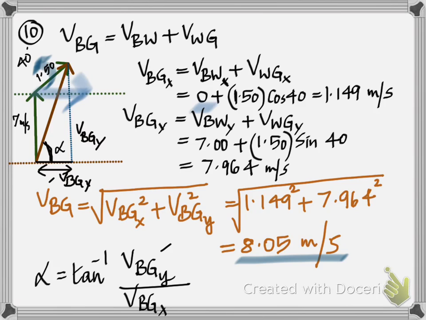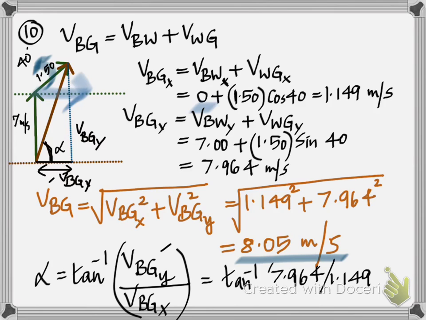So that is why you have that, and the numbers are 7.964 divided by 1.149. And when you take the inverse, you get 81.8 degrees, and of course it is to the north of east.